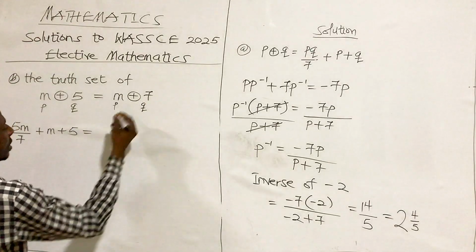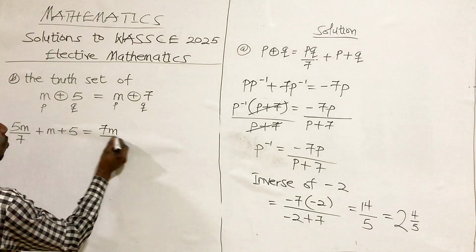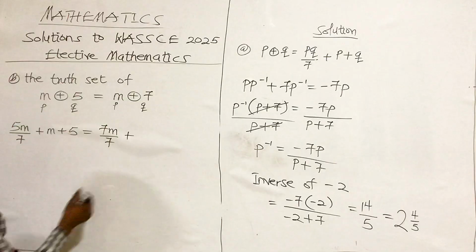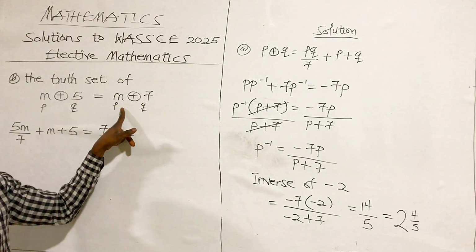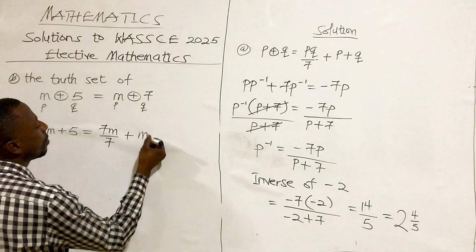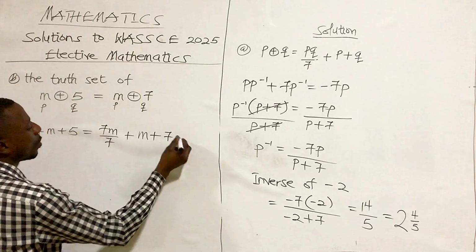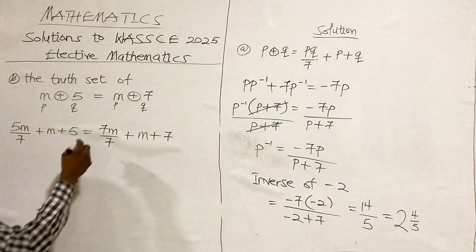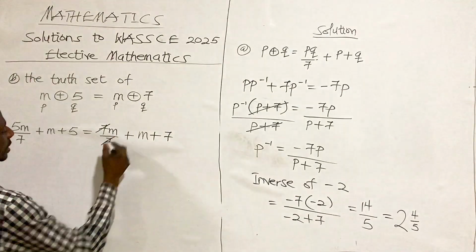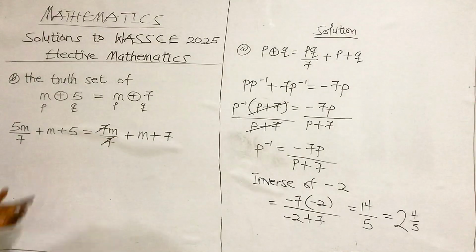So M times 7, we have 7M over 7 plus P. From here my P is M. So plus M plus Q, which is also 7. So from here, this can take off this. We can cancel out the 7.